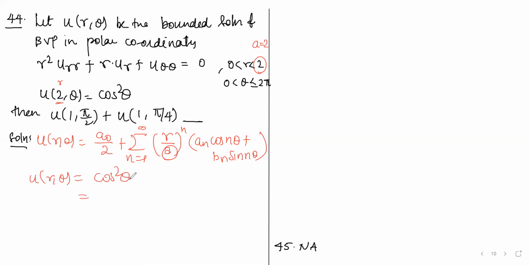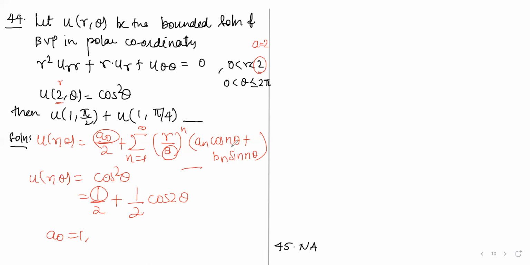Can I write cos square theta in terms of cos 2 theta by writing this as 1 plus 1 by 2 cos 2 theta? If you compare this equation, then clearly this is my a0.